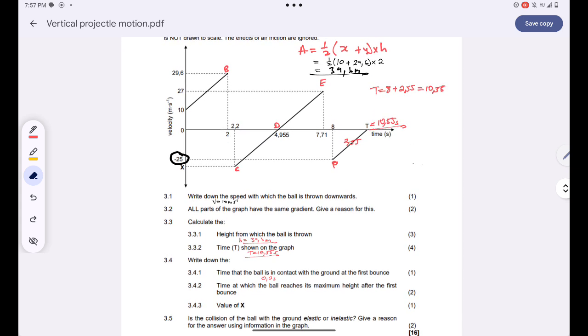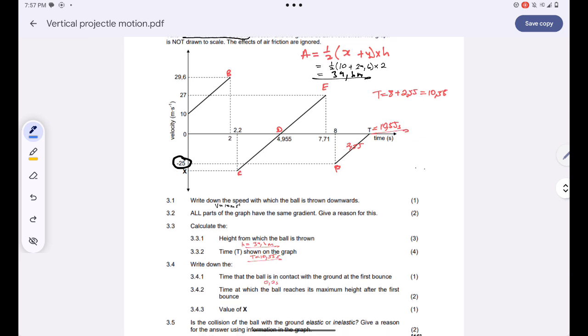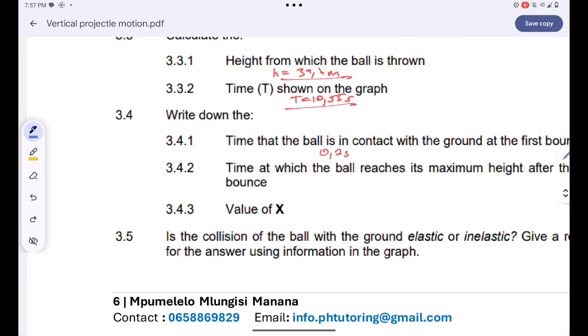I must just say 4.955 minus 2.2. So after the first bounce, it only took the ball how many seconds to reach maximum height? 2.755 seconds.